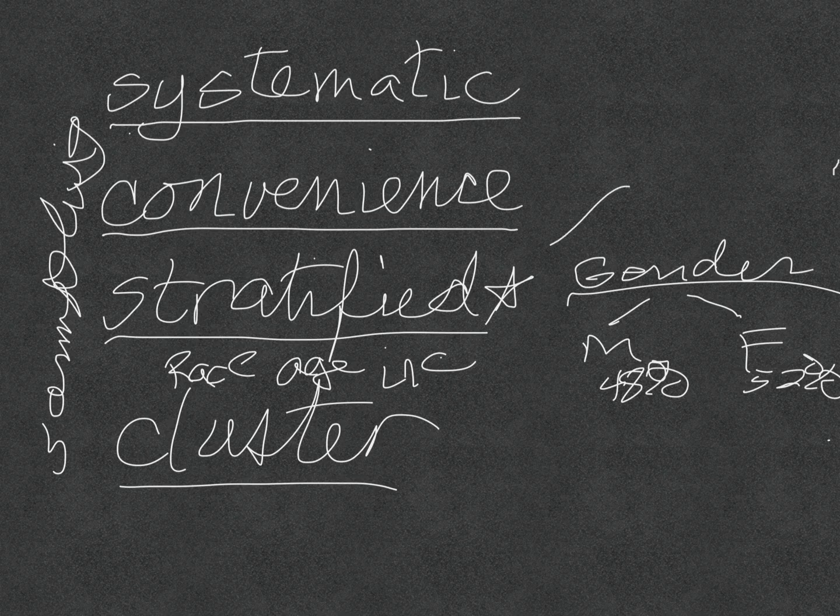So there are problems with this, even though you try to avoid them. Cluster sampling is sort of similar in that you divide the population into sections. In this case, the clusters might be voting precincts. So you take all the voting precincts in the United States, and then you randomly select a voting precinct.